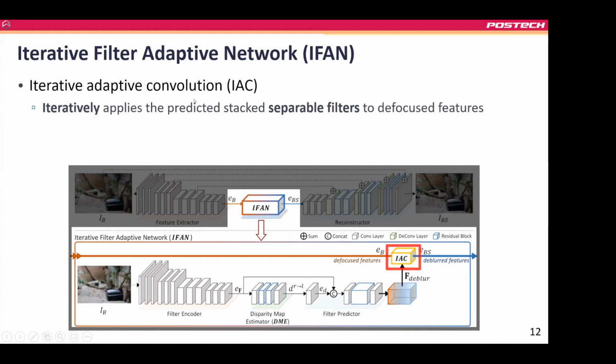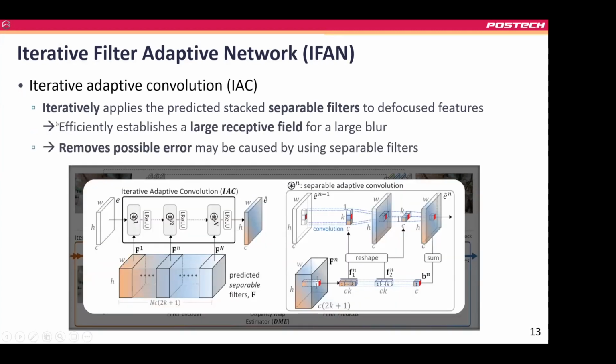This iterative adaptive convolution consists of separable filters, and we also apply the separable filter iteratively. Basically, by having separable filters, we can handle a larger receptive field. That means when we want a larger receptive field, we have to have a larger kernel. But having a larger kernel means we need more memory, right?